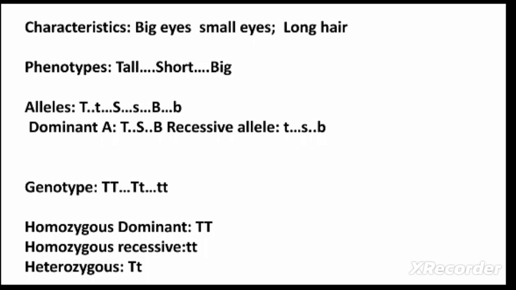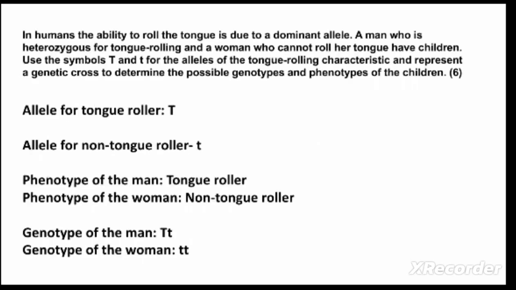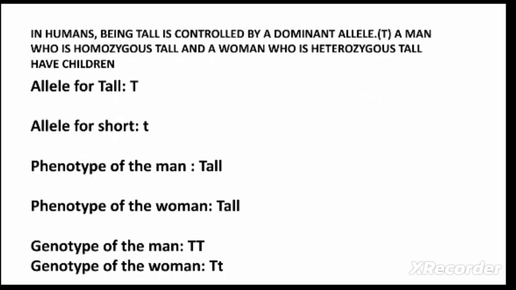Right, so let's move on to these questions. Let's see if we can answer them. In humans, being tall is controlled by a dominant allele, right? Dominant allele is a capital letter, and they've given us T there in brackets. A man who is homozygous tall and a woman who is heterozygous tall have children.